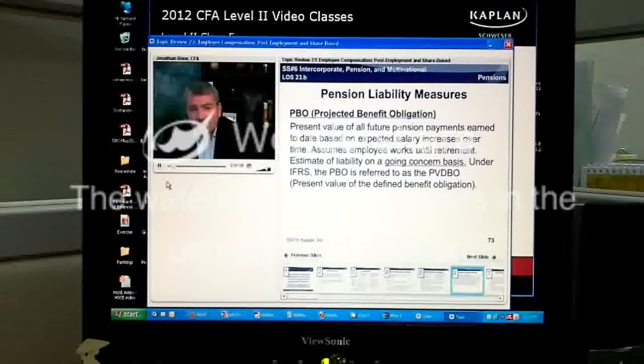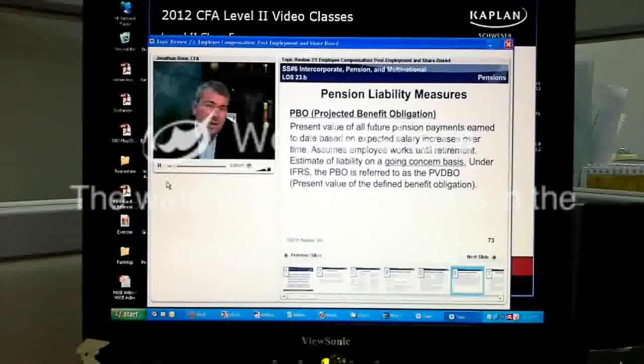Now, what we've therefore done is worked out the payments to you on retirement based on those two factors, current working history and your final salary, and what we then have to do is discount them back from the future all the way back to today's date. So it's the present value of those future payments. So think of the PBO simply as the present value of the payments that are going to be made to the employee based on the employee's current working history and final salary.